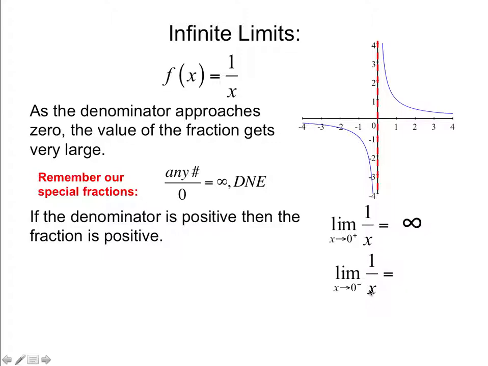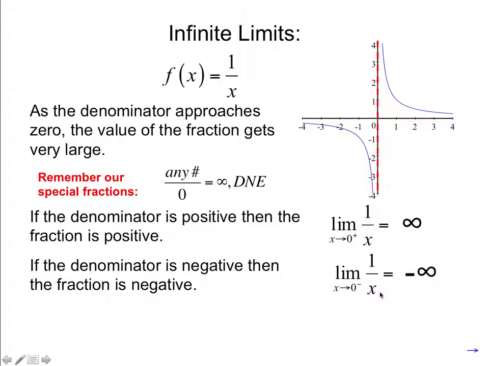So 1 over a negative number that's very close to 0 is very large but negative. And so that must be going down to negative infinity. Remember, these are the y values. So this y value is going up to positive infinity. This y value is going down to negative infinity. So in this case, the denominator is negative, making that whole fraction negative.